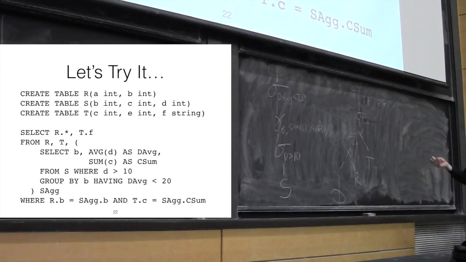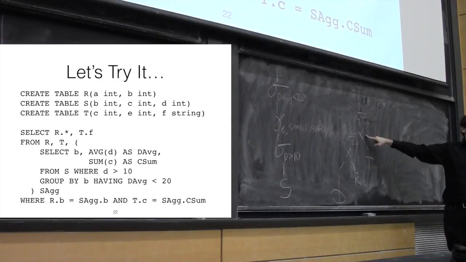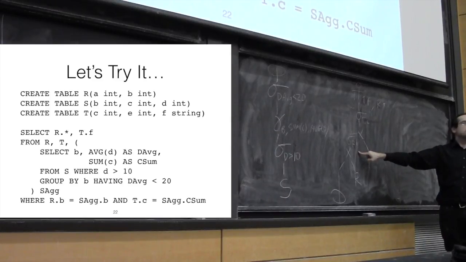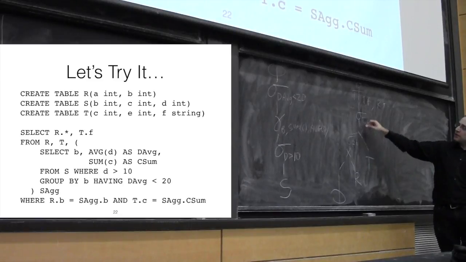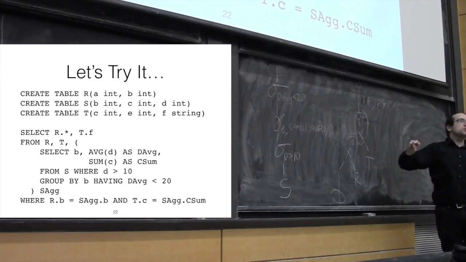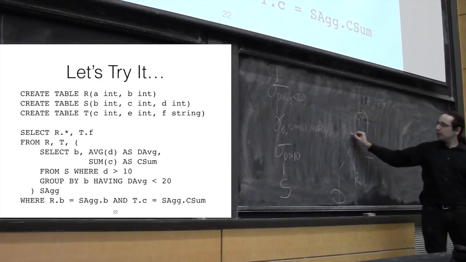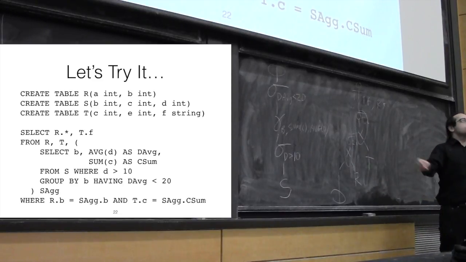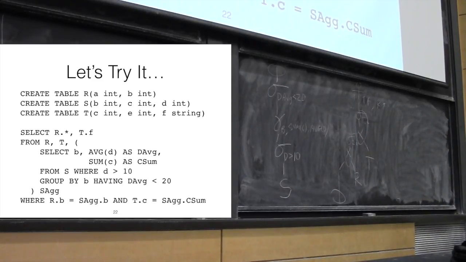That's going to be a lot more efficient. When I get to this step, I've already filtered out a bunch of results. It also means I can combine those two into a join, which would be even more efficient if I can handle joins more efficiently than cross products.